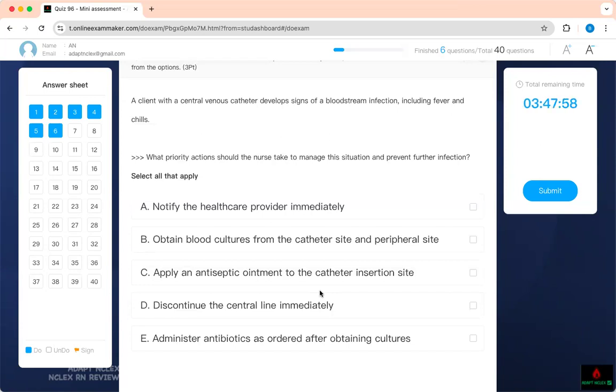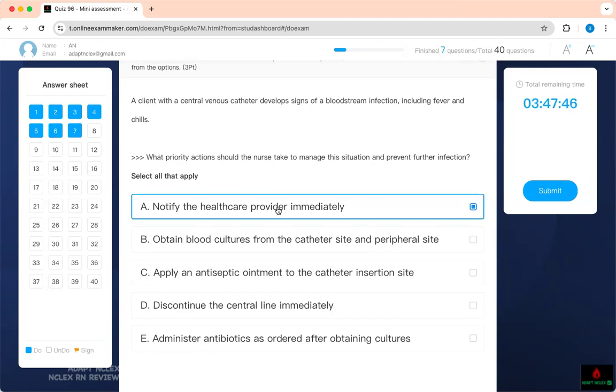In straightforward, simple form, the patient has an infection of a central line. What would you do? The doctor needs to know about it. You have to obtain a blood culture.